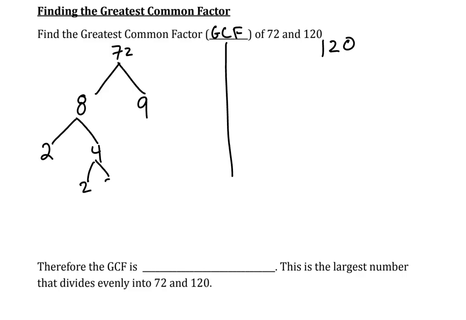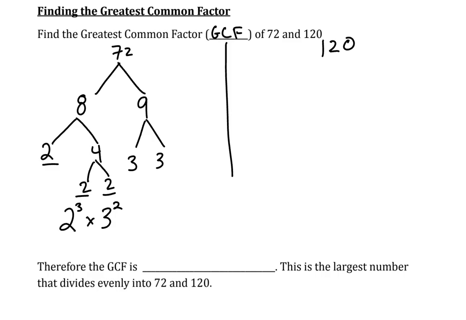That's just 2 times 2. 9 breaks down to 3 times 3. So what we have here is 2 to the power of 3, because I have three 2's multiplied by each other, times 3 times 3, so that's 3 to the power of 2.